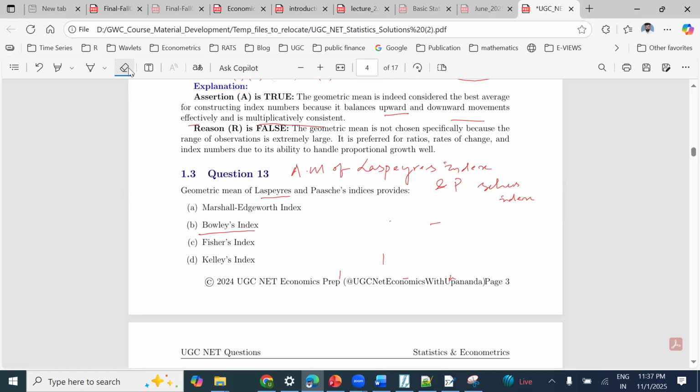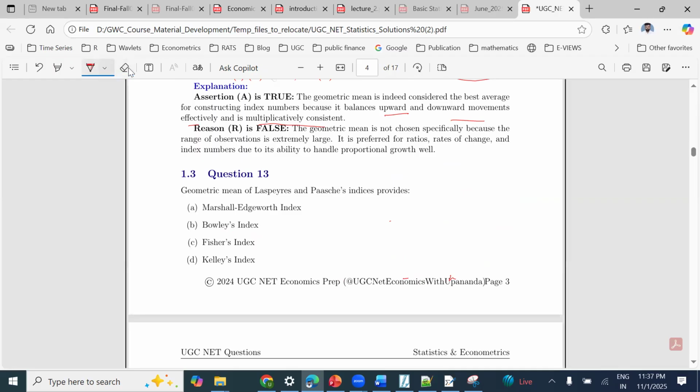Maybe we have to use a whiteboard when we discuss this. But I think here it is also very clear, right? Yes, sir. What you all have told, Fisher's ideal index, is also called ideal index.